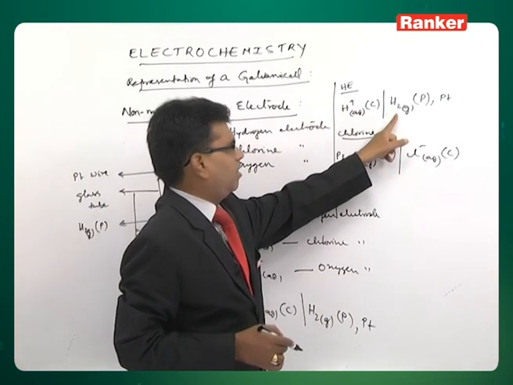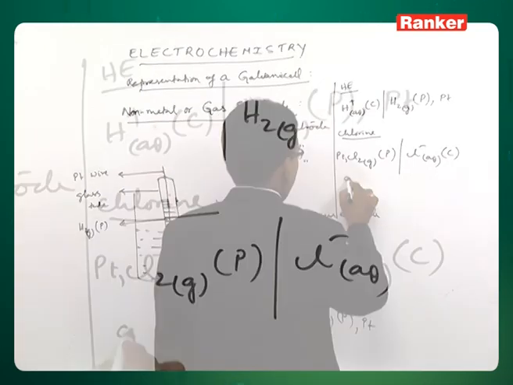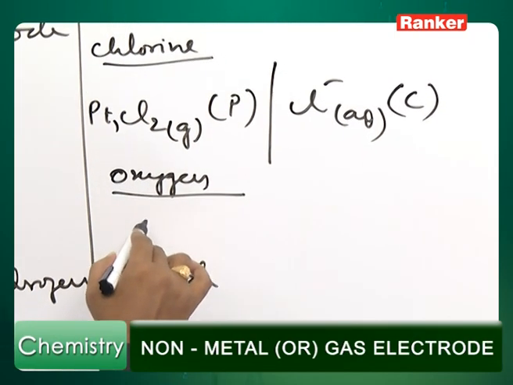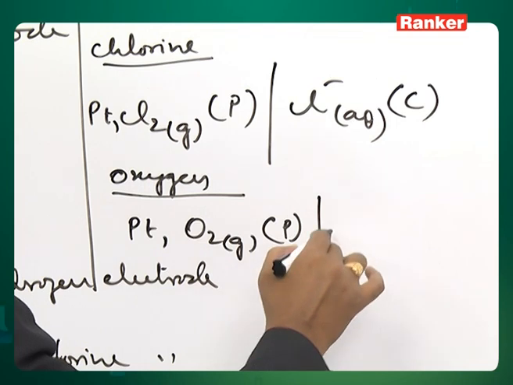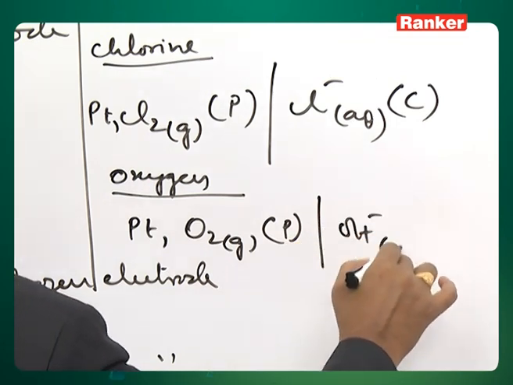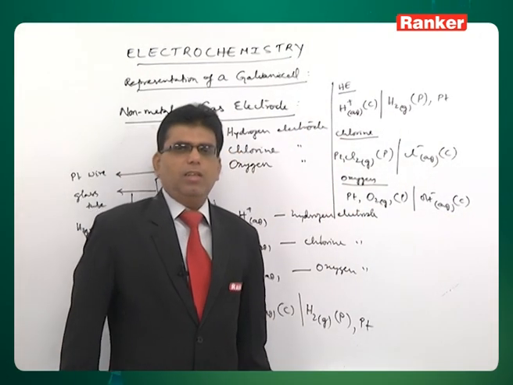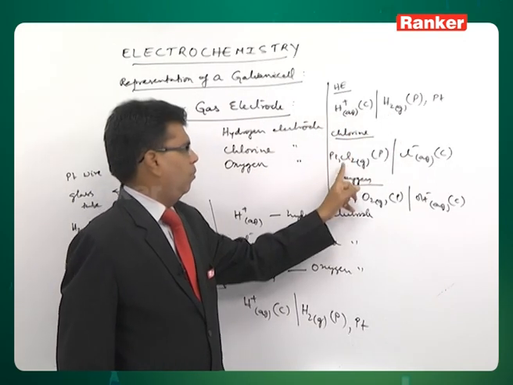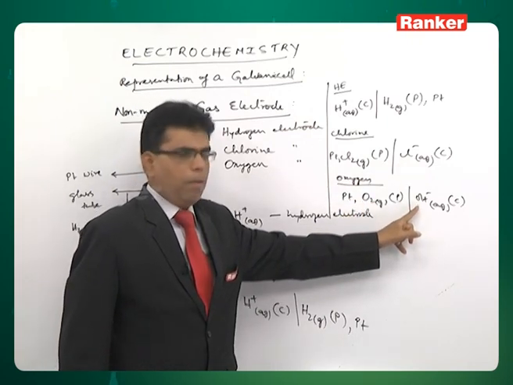So, H plus ion reduction to H2, chlorine reduction to chloride. Oxygen we represent as oxygen gas at a pressure P into OH minus aqueous at some concentration C. This is how we represent the gas electrodes: hydrogen ion reduced to hydrogen gas, chlorine gas reduced to chloride, oxygen gas reduced to hydroxide.